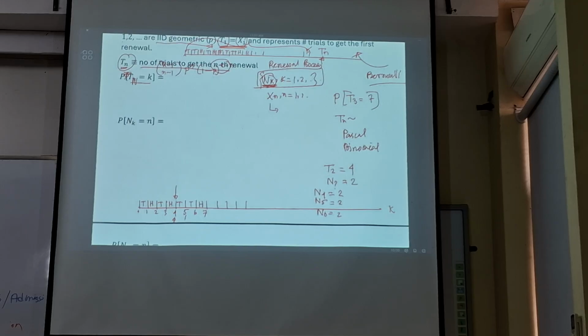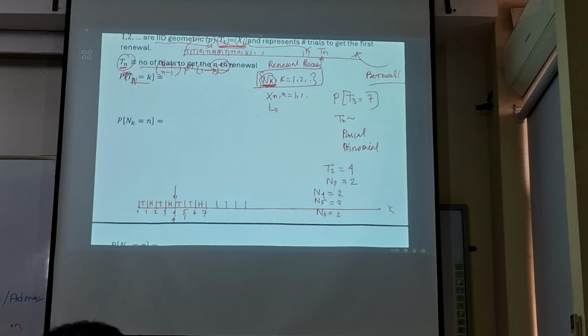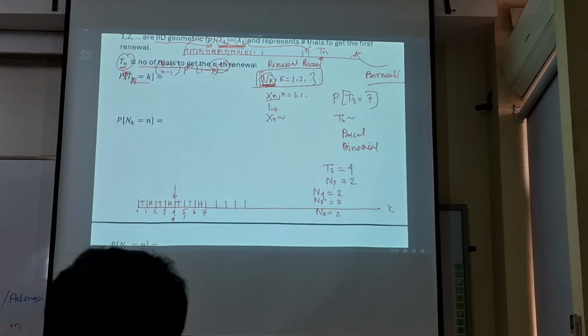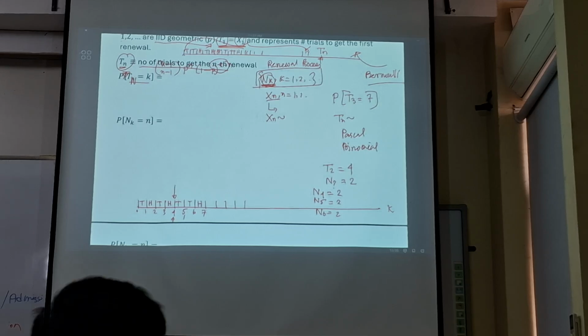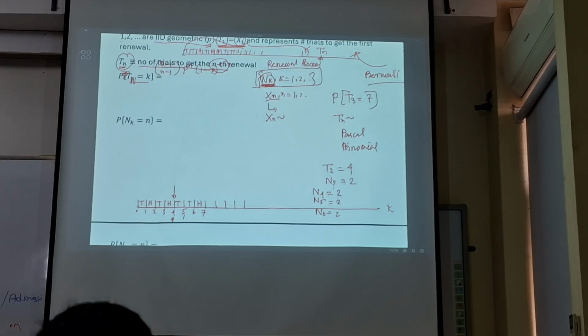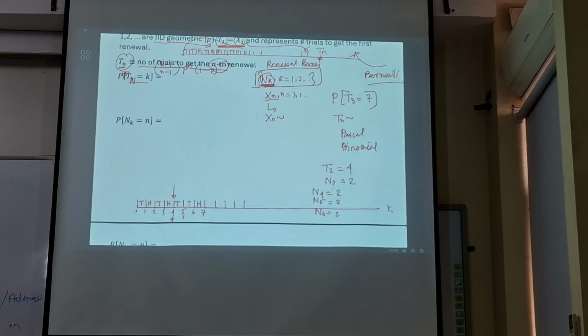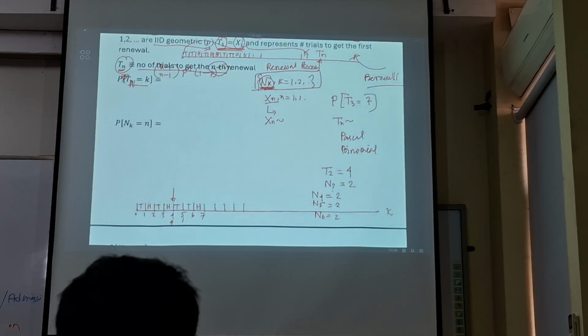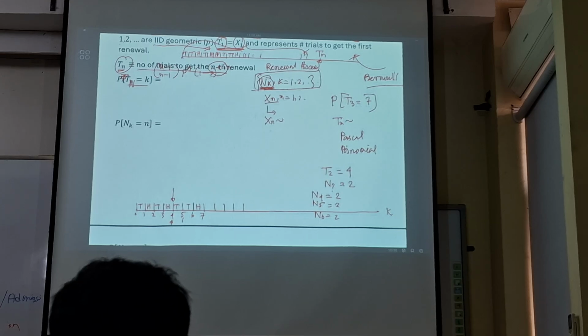In fact, it is the Bernoulli process. Why is it a Bernoulli process? Because X_n, what is the distribution of X_n? X_n is the number of trials we need to get a single success. So X1 represents what? Can anyone tell what is the value of X1?